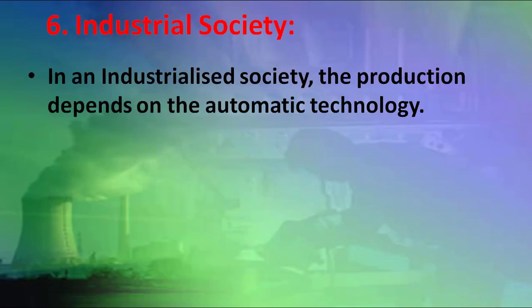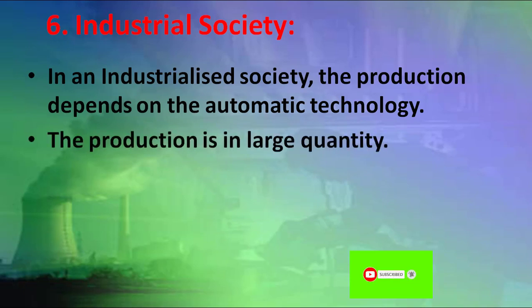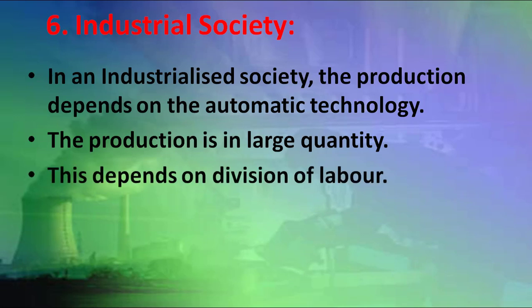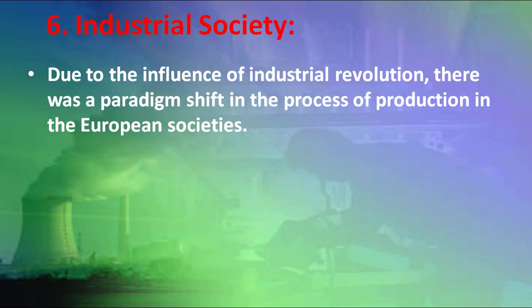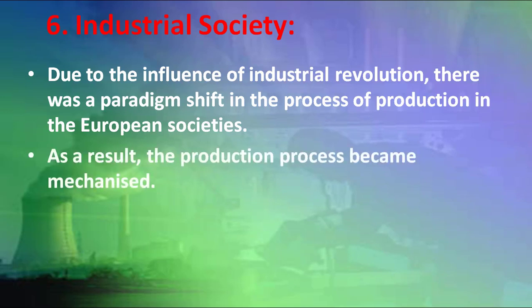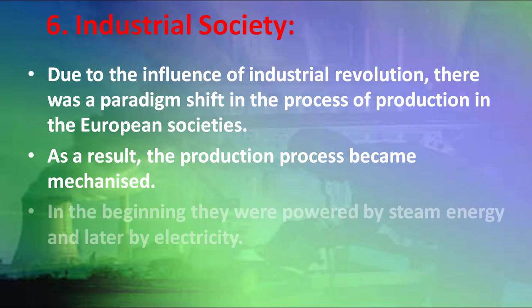In an industrialized society, production depends on automatic technology. The production is in large quantity, so this depends on division of labor. Due to the influence of the Industrial Revolution, there was a paradigm shift in the process of production in European societies. As a result, the production process became mechanized.